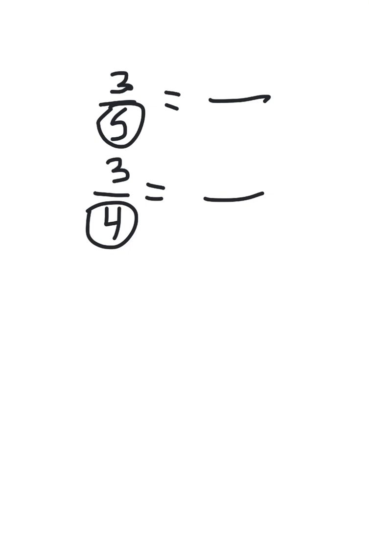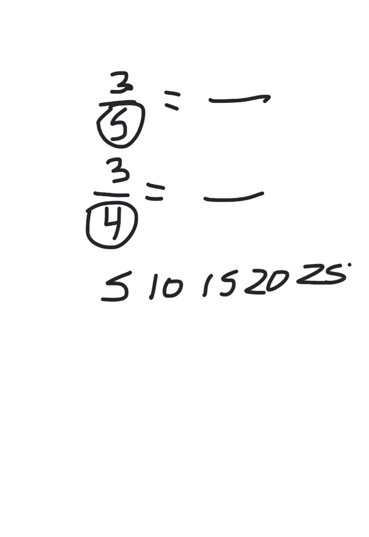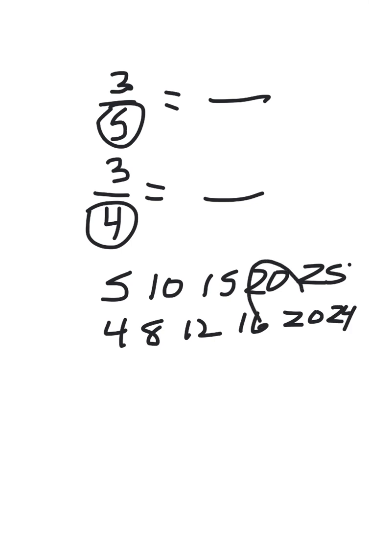The next step is to try to decide what bottom number both 5 and 4 can go into so we can find an equivalent fraction. The reason for that is when we're comparing fractions, we need to have the same size piece. So we're trying to find a common number between 5 and 4, and this really has to do with multiples. The multiples of 5 would be 5, 10, 15, 20, 25. The multiples of 4 would be 4, 8, 12, 16, 20, 24, and so on.